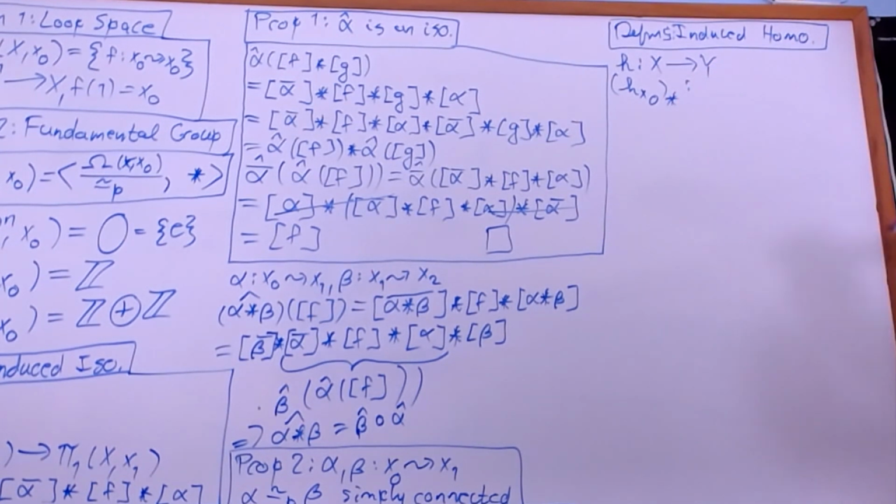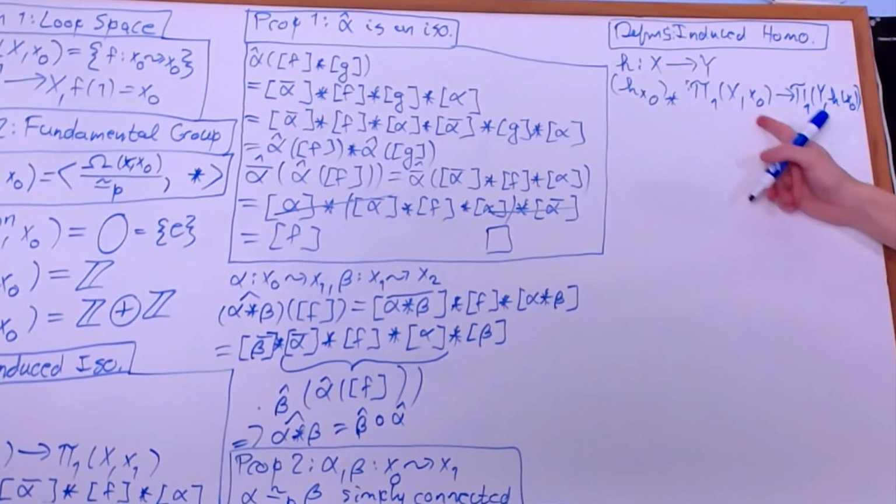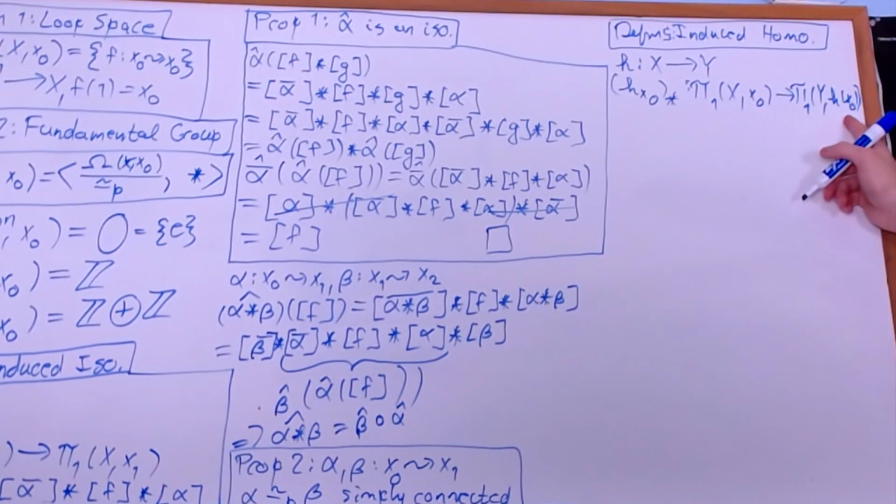The star is going to be on the bottom, and it's going to be between pi1 of x at the specified base point and pi1 of y at h of that base point. So basically meaning you map the base point into the other one. So that h maps x0 to h of x0. So the base points are analogous.